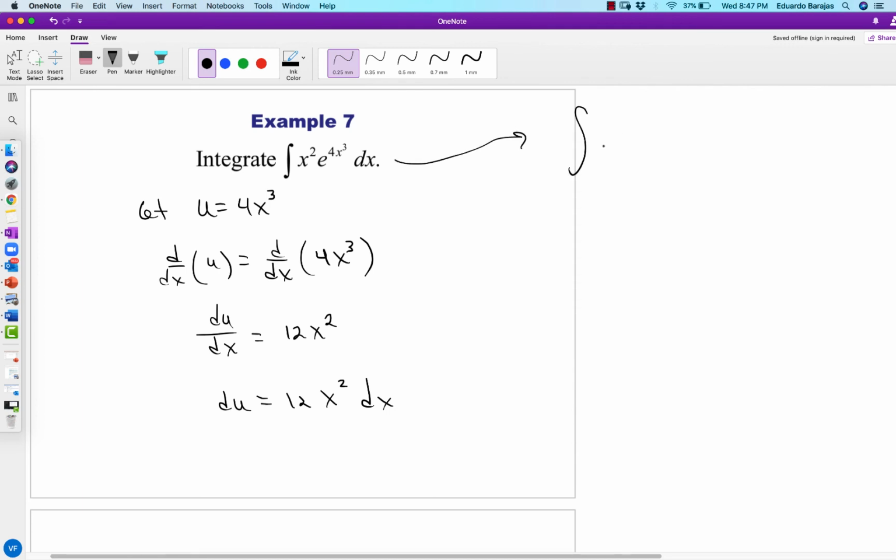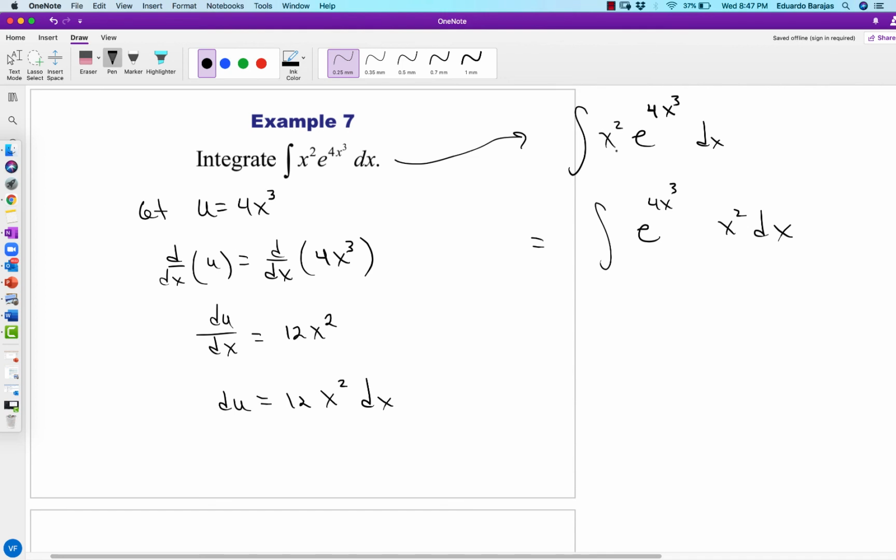This is the integral that I'm given, e to the 4x to the third dx. And I'm going to switch these two things around because I want them to be right next to each other just so that it looks nice. I'll have e to the 4x cubed and then an x squared dx.